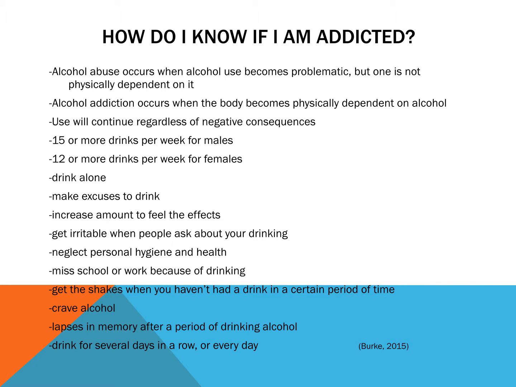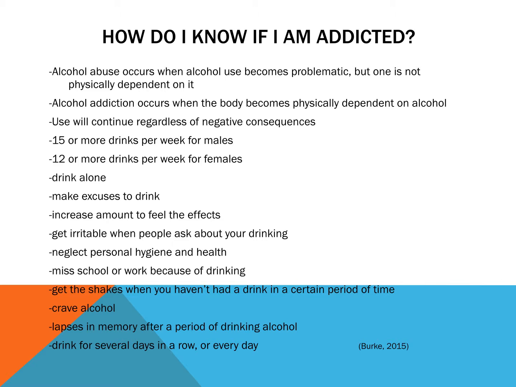So how can we tell if we have become addicted to alcohol? Not everybody that uses alcohol becomes addicted to it. A person can misuse alcohol without their bodies becoming physically dependent on it. However, once our bodies have become physically dependent on alcohol, this is the point where it can be considered an addiction. Some of these signs and symptoms are indicators of an alcohol addiction. Having more than 15 drinks per week if you're a male, or more than 12 drinks per week if you're a female.